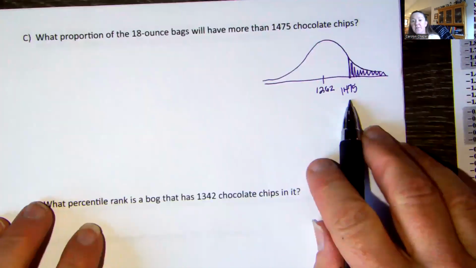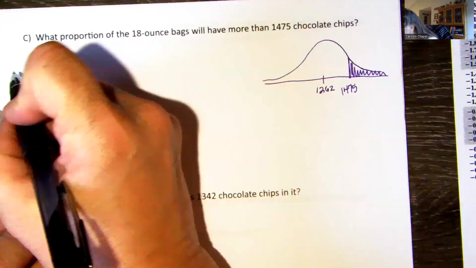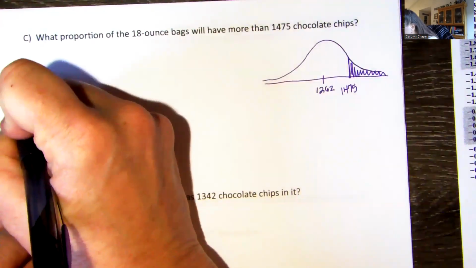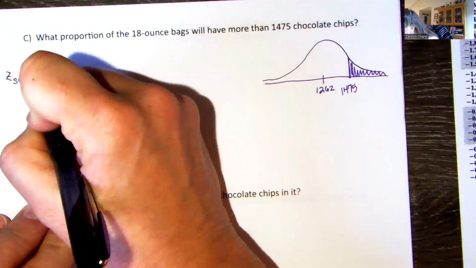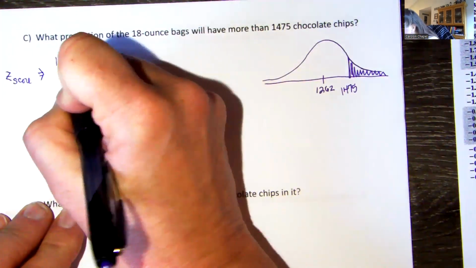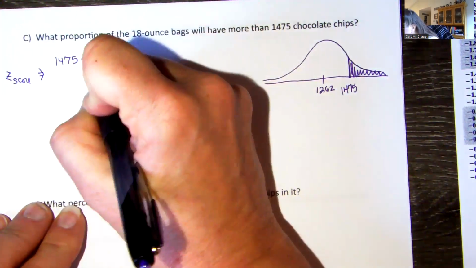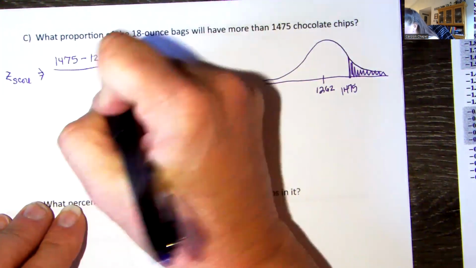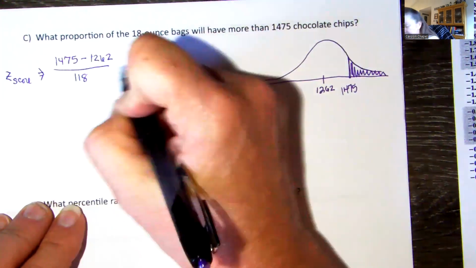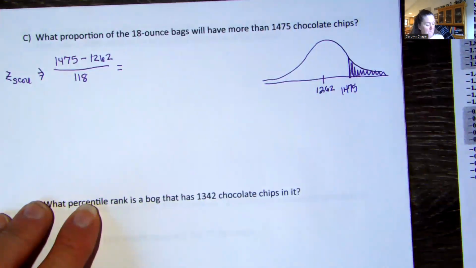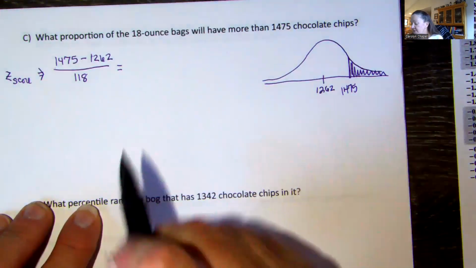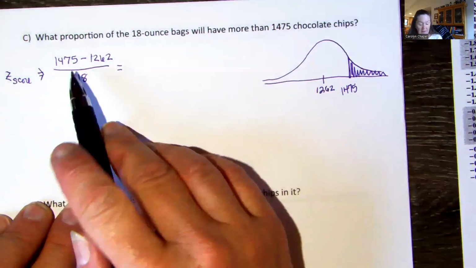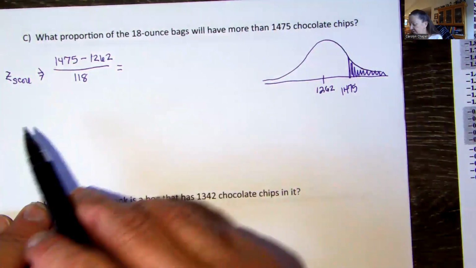So now we're going to find the z-score for that, which is going to be that 1475 minus the 1262, the mean, divided by our standard deviation. And then we go to the calculator. Make sure when you're doing it on the calculator that you do use the correct order of operations.